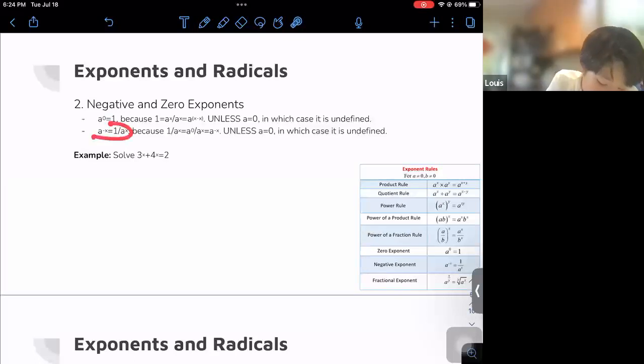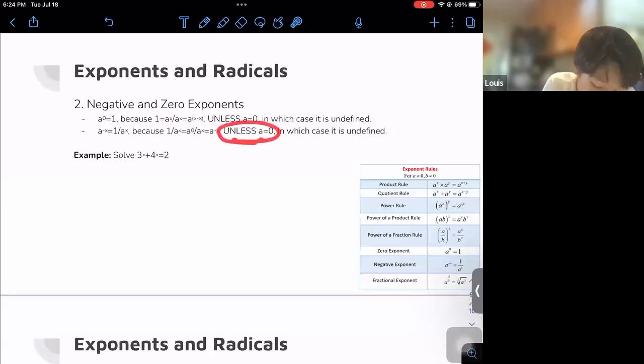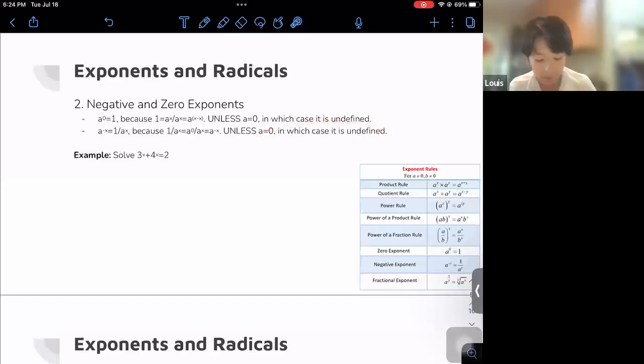And a to the negative x is just 1 over a to the x, because 1 over a to the x is a to the 0 over a to the x, which is a to the negative x, unless a equals 0, in which case it is undefined.